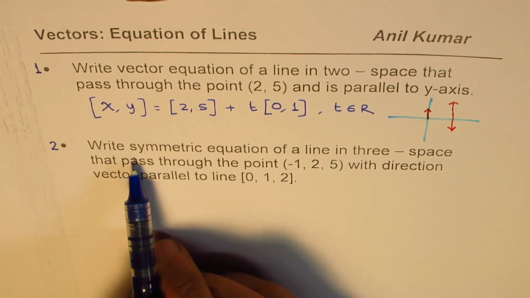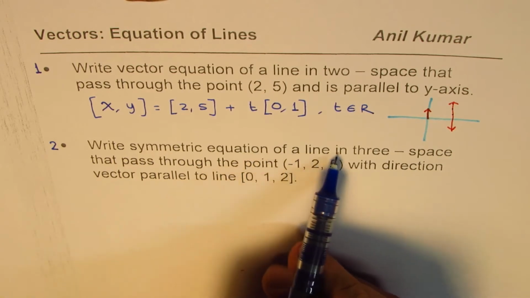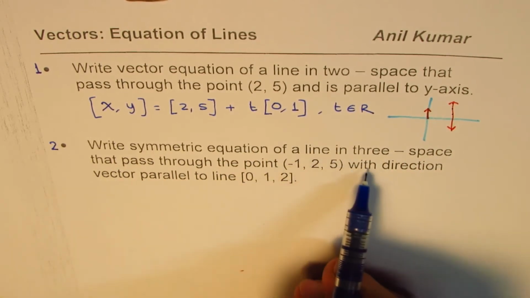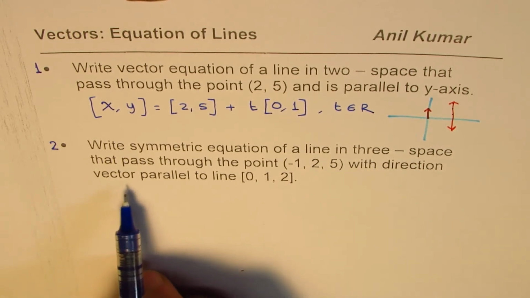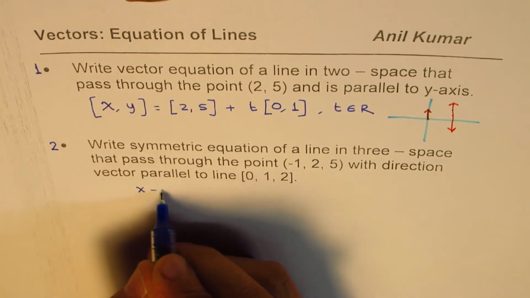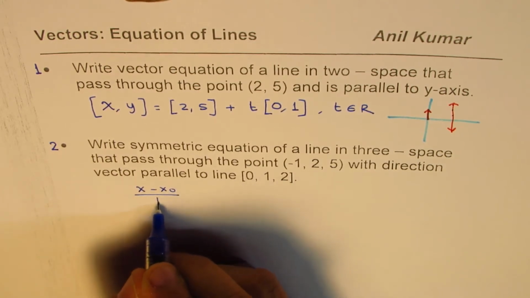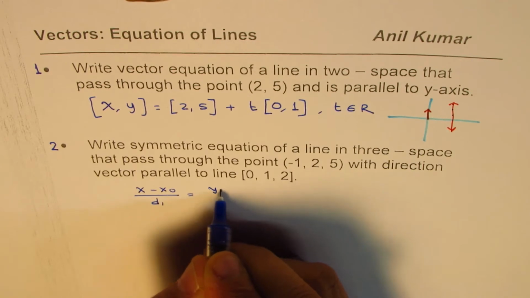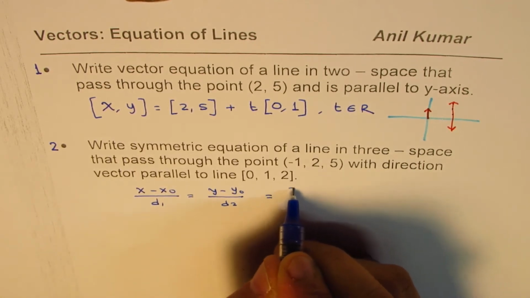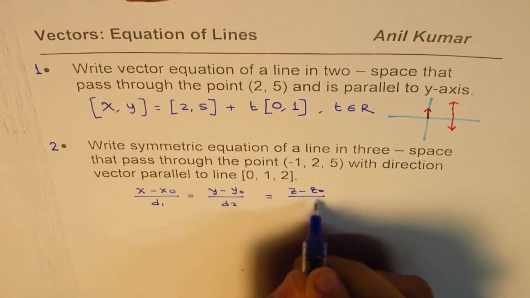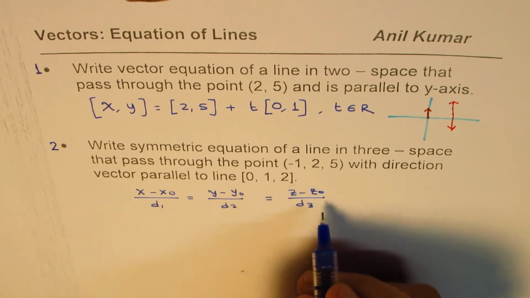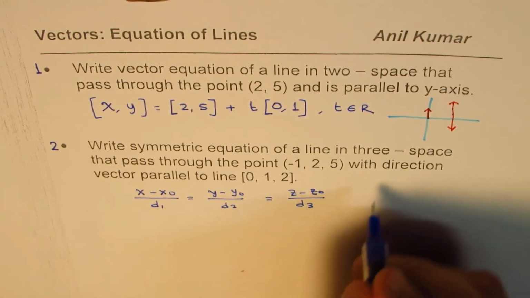It says write the symmetric equation of a line in 3-space that passes through this point with a direction vector of this. So the symmetric equation could be written as (x minus x0) over d1 equals (y minus y0) over d2 equals (z minus z0) over d3, where d is the direction, right?